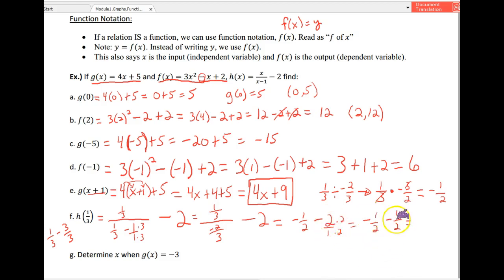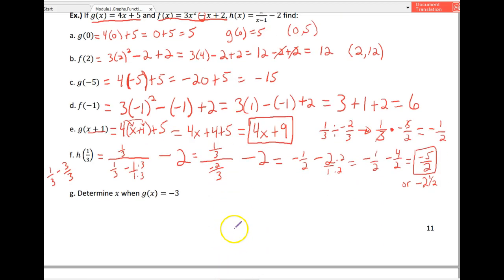And overall, subtract the numerators. Negative 1 minus 4 is negative 5. All over, the denominator stays the same. So I can write it as negative 5/2. Or, since that's improper, I could change it to negative 2 and 1/2. 2 fits in there twice, with a remainder of 1. So either one of those would be acceptable to me on a test.